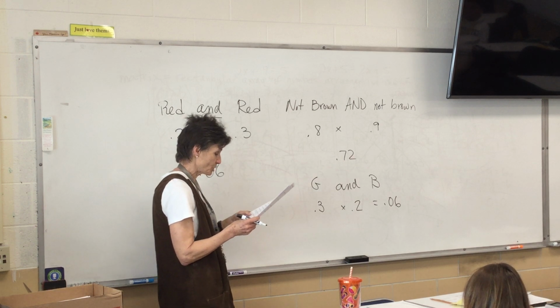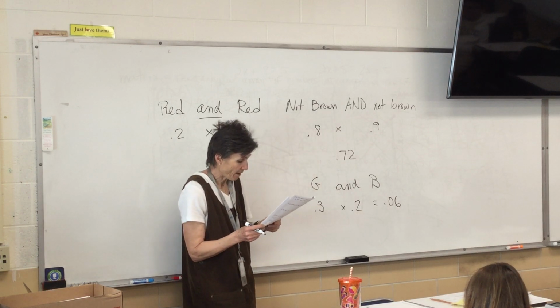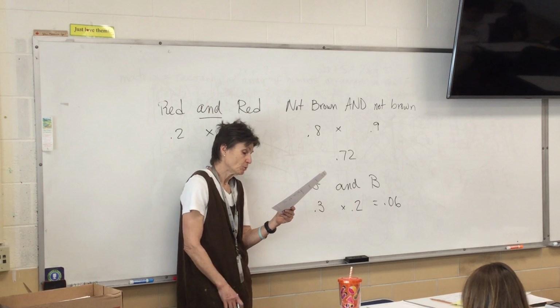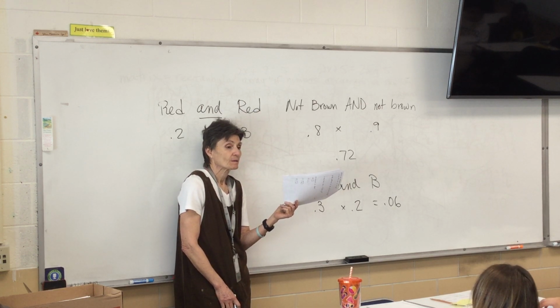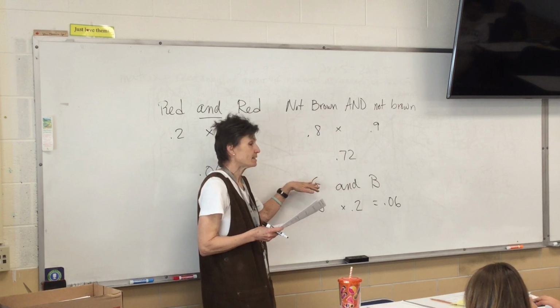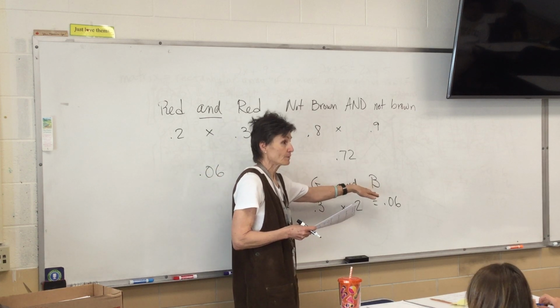Now the next one's a little challenging. What's different about question F than question E? Because I'm still getting a blue one and a green one, but what's the difference? The order. Because in question E, it says I have to get green and then blue.